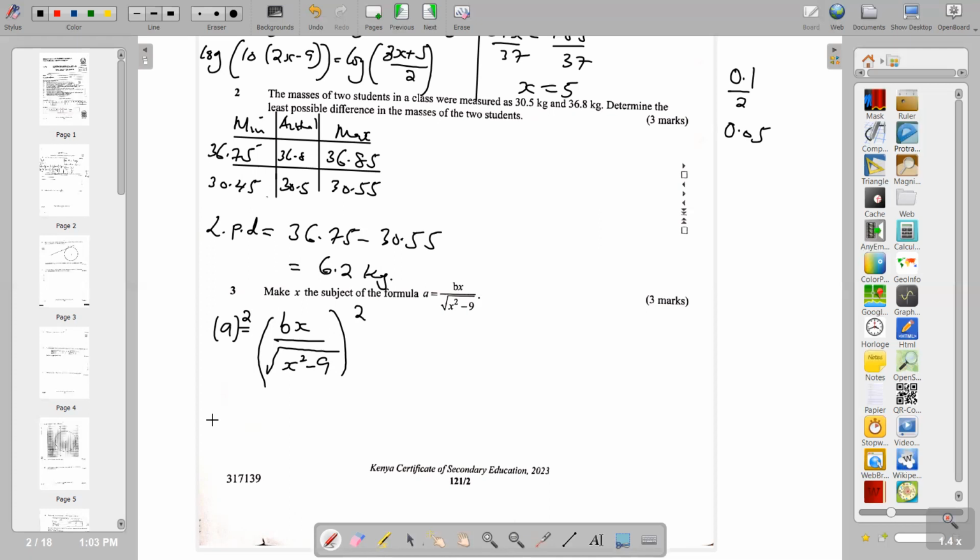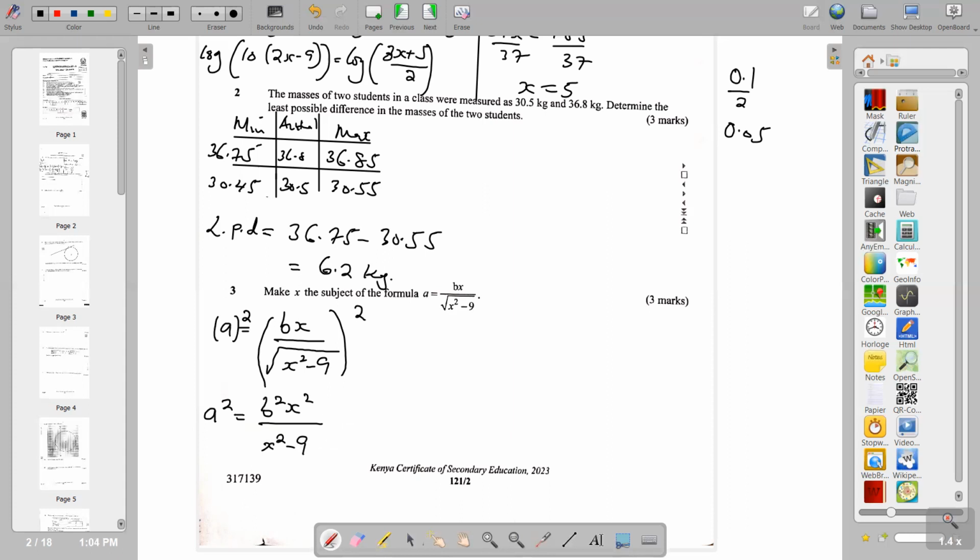So you're going to have a squared is equal to b squared x squared over x squared minus 9. The second step is you cross multiply so that you're able to remove the x squared minus 9 at the denominator.